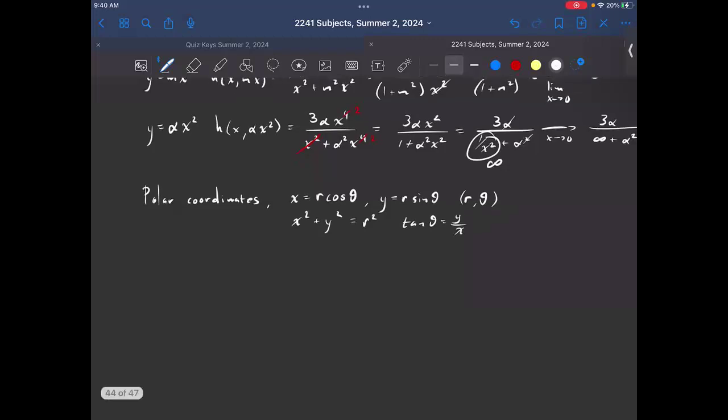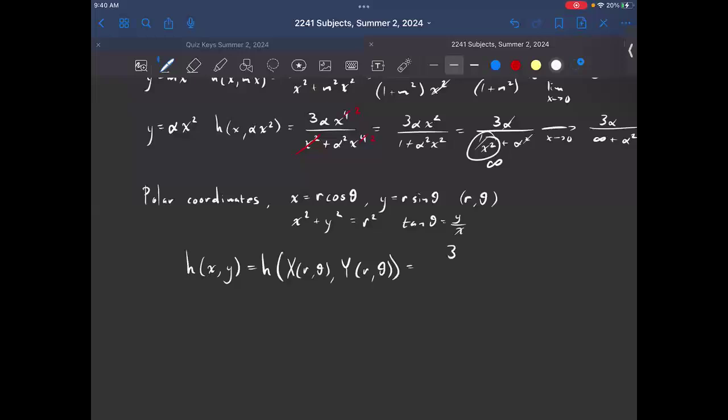And if I plug these into my function h, so I have h of x, y, and I want this to be h with x now depending on r and theta, and y now depending on r and theta.